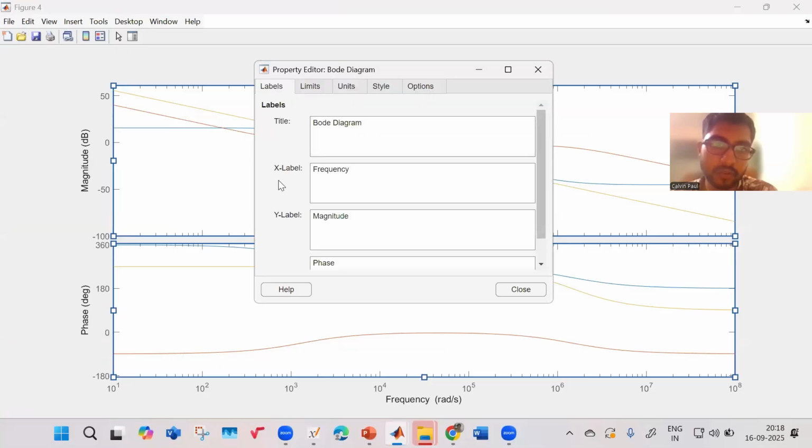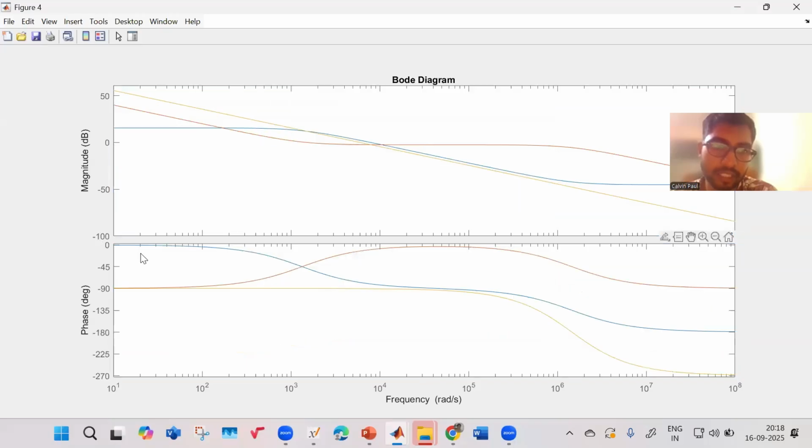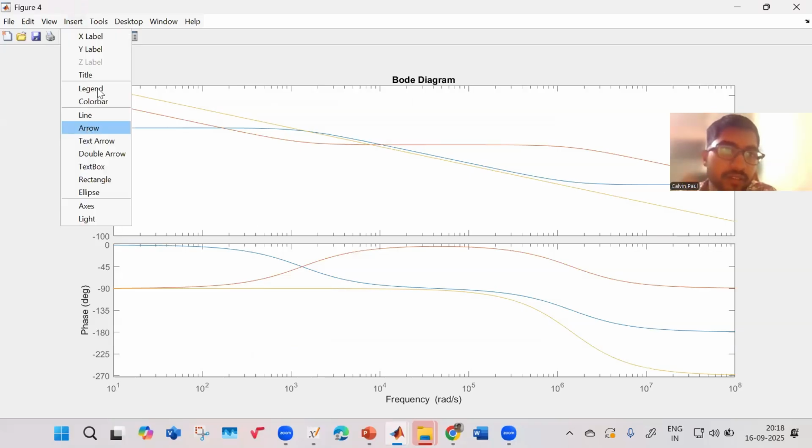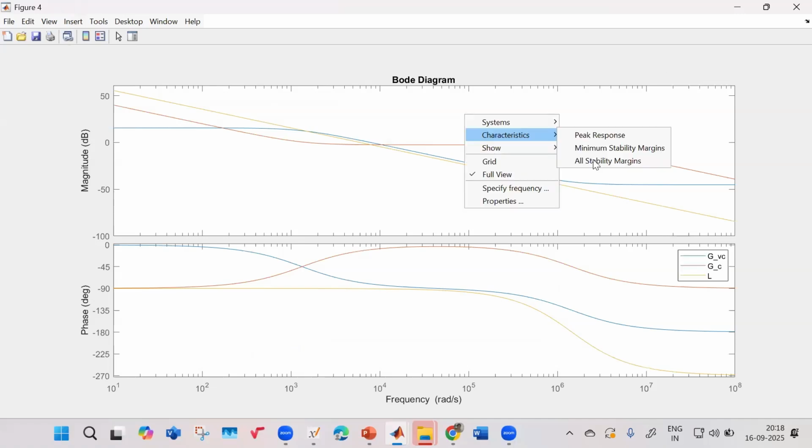Adjust phase offset at 0. So it is done. It starts from 0. So insert your legend. All right. Now let us see the stability margin.